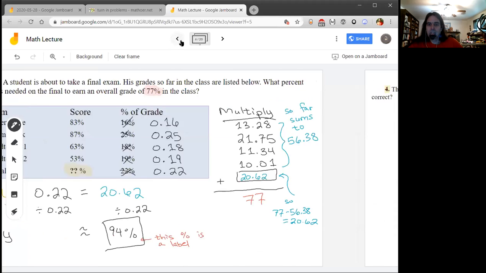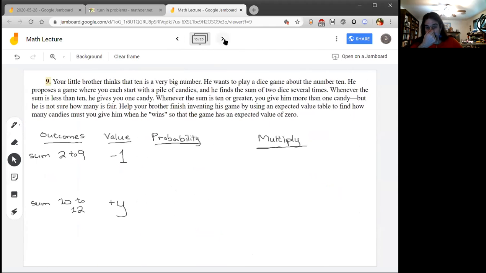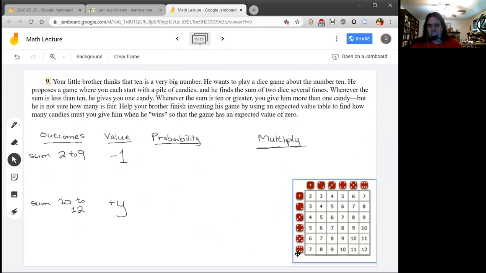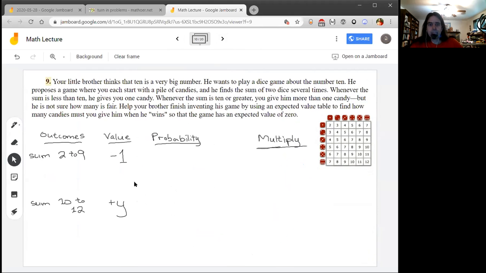Going back to our dice, where's the dice? What's the chance that on 2 dice, the sum will be 2 through 9? So that's that group.